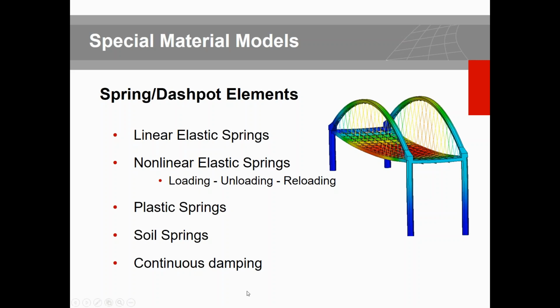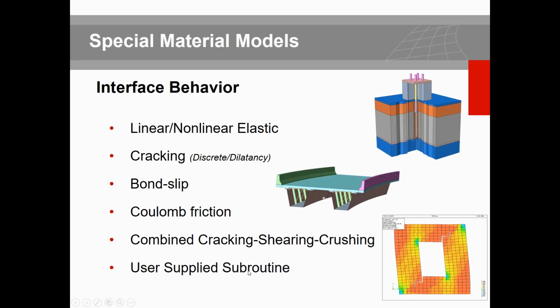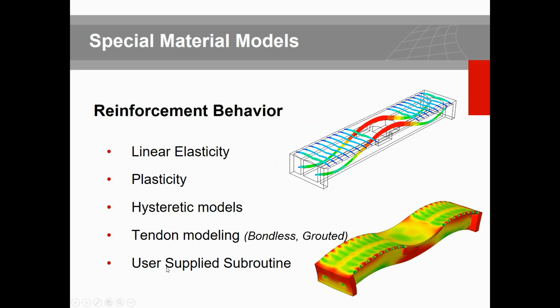So all those things can be nicely modeled based on the advanced setup of the continuous damping that are available in the Dana environment. Moreover, the interface can help you to interact different parts by means of linear or nonlinear interaction, cracking, bond slip, Coulomb friction, CSC behavior, and the user-supplied subroutine.